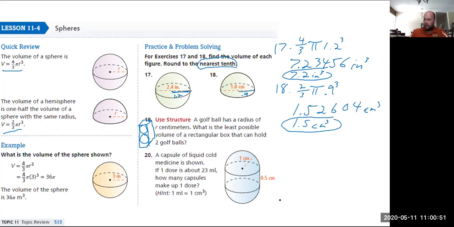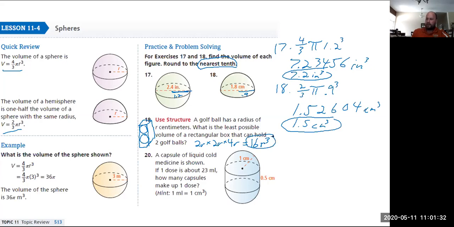So if we were looking at the box, our dimensions will be 2r, 2r, and then the other one, you have them stacked on top of each other, so you're going to have 4r. 2r, 2r, and 4r multiplied together give us, see, 2 times 2 is 4, 4 times 4 is 16, so 16r cubed.